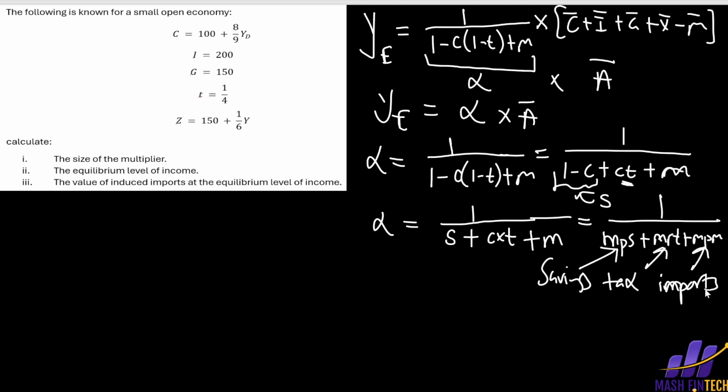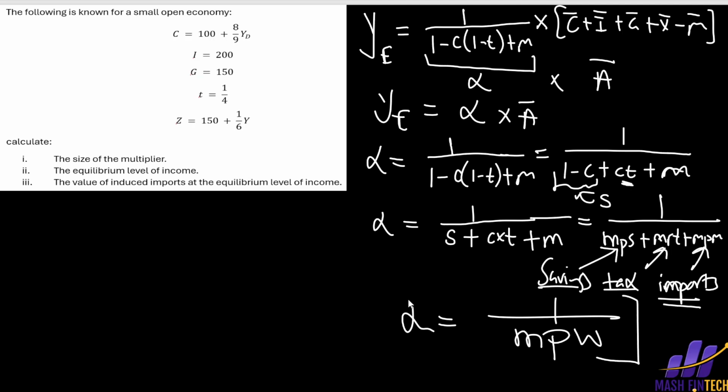So they are giving us their stuff, but our money is going to them. So generally speaking, the multiplier is just 1 divided by the marginal propensity to withdraw. You just add all the propensities to withdraw and you get your multiplier.